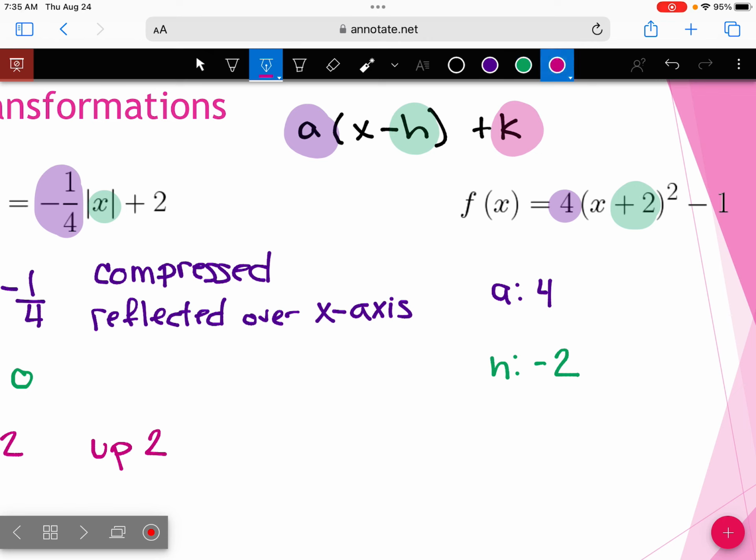How about our k? Negative 1. Oh, I didn't highlight my negative 1 yet. There we go. Makes it a little hard to see, but sorry.